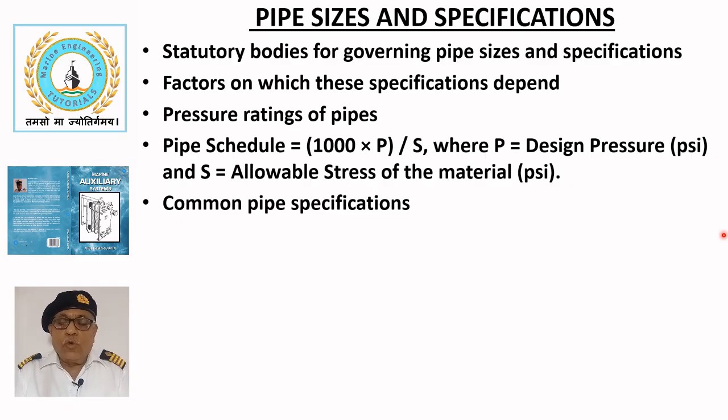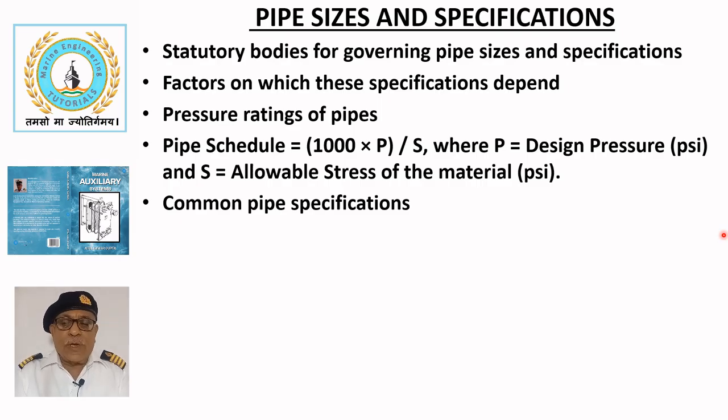Pipes are usually specified in terms of outside diameter and wall thickness. Standardizing the outer diameter also standardizes pipe fitting sizes, making their selection easier. Wall thickness depends on the pressure rating, which in turn is determined by the schedule number of the pipe.